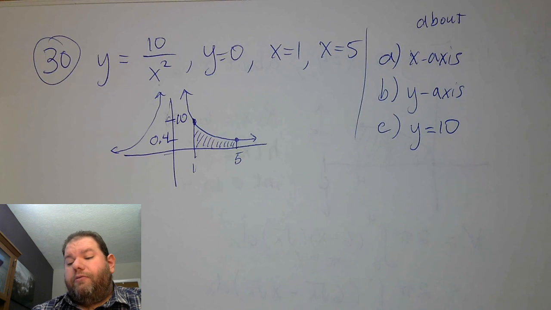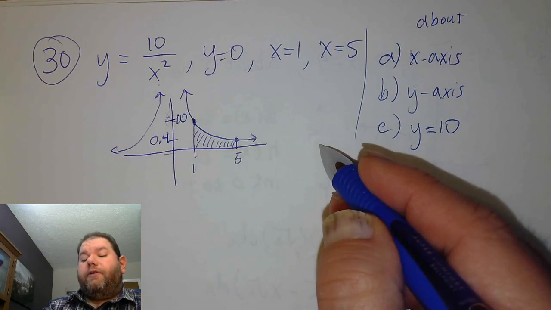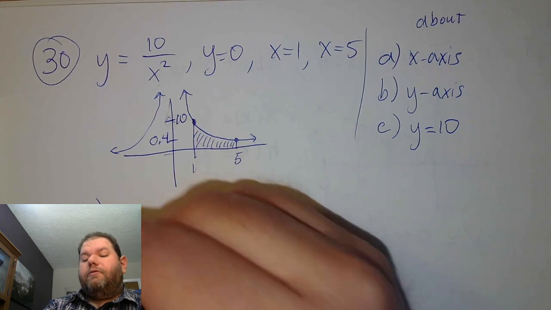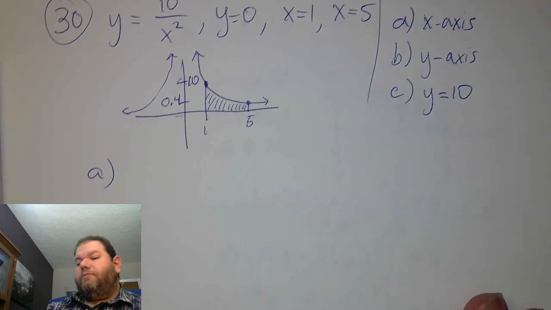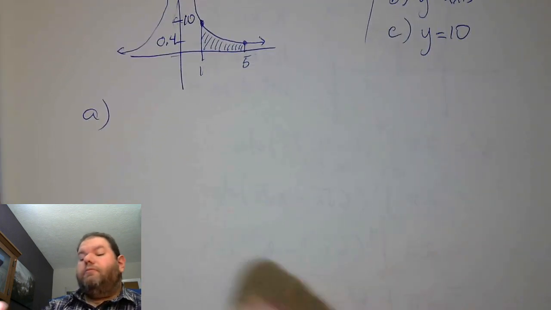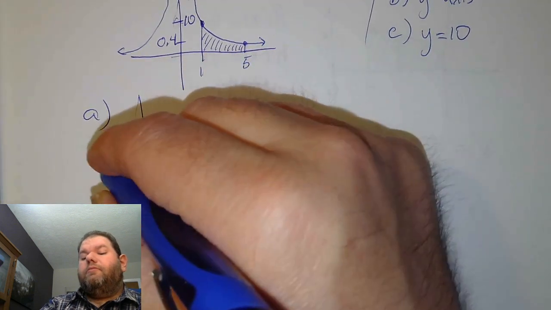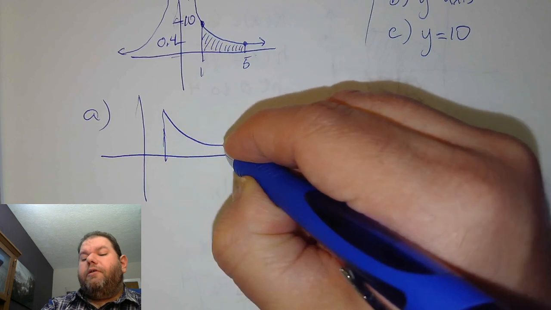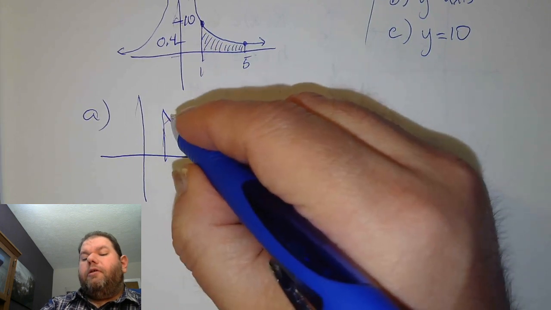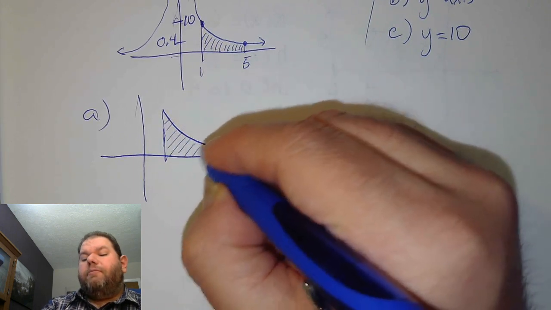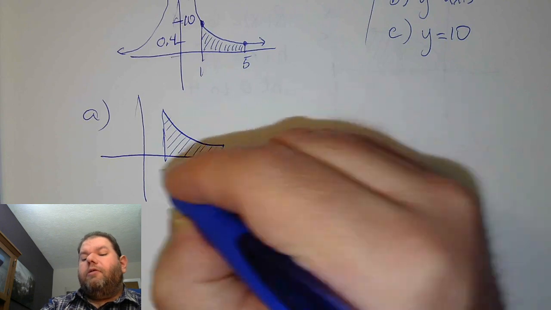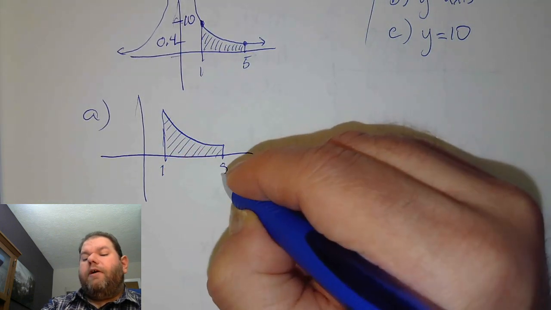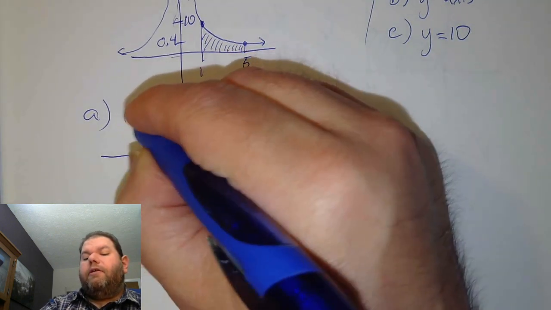So we know where the x-axis is. X-axis is horizontal. We have our shaded area. I'll go ahead and draw it a little bit larger this time. That's 1, that's 5, and that's 10.